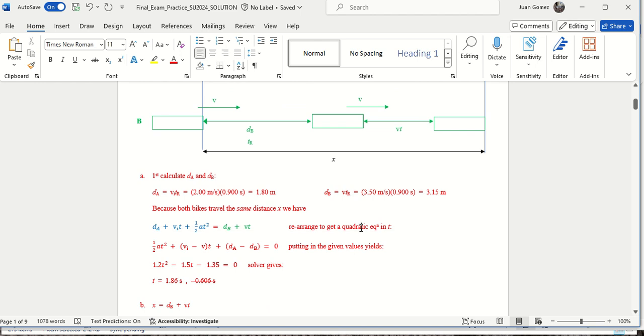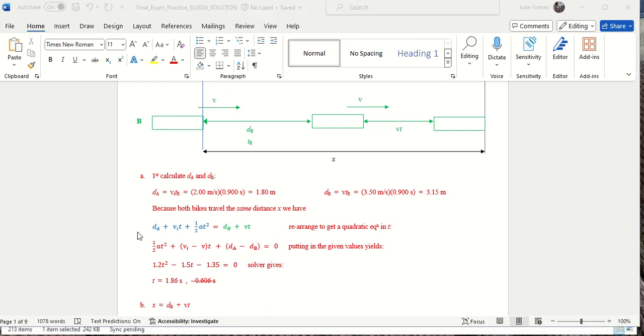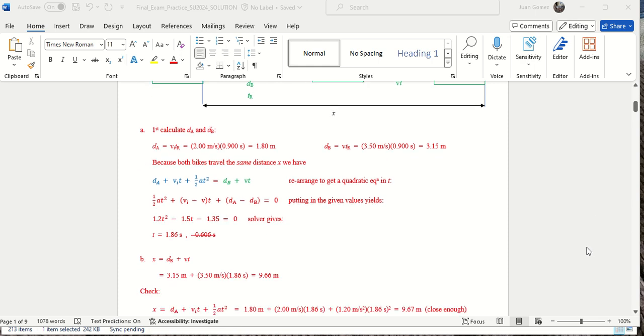Then what you want to do, and again, we already know what dA and dB are. So you have dA plus v initial t plus 1/2 at squared equals dB plus vt. Now you want to rearrange this equation algebraically, basic algebra, it's not complicated at all. You want to rearrange it to get a quadratic equation in t.